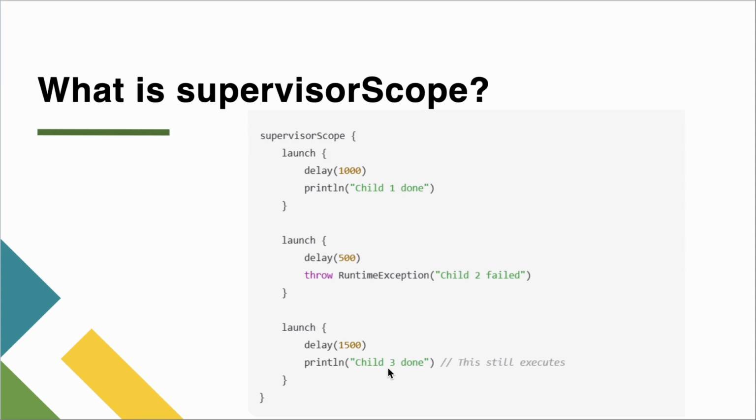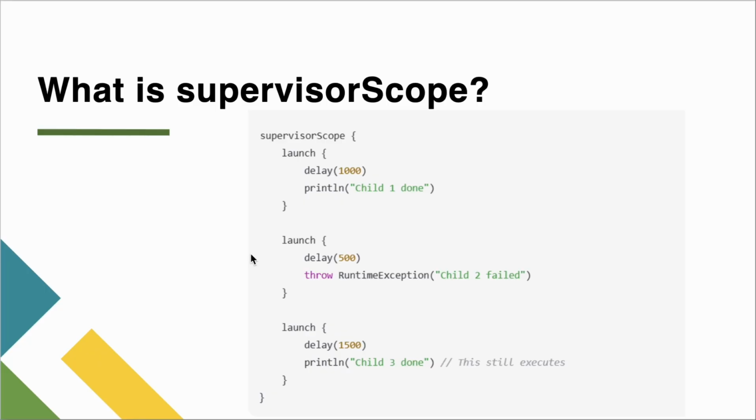For example, if we are making 2 API calls under a supervisor scope, and both of them are in try catch blocks, and any one of them fails, in the catch block we can return an empty list or some empty data, or some value which you want to return in case the API call fails. And let the other API get executed the same way it was going to be executed. So that is how you make use of a supervisor scope.